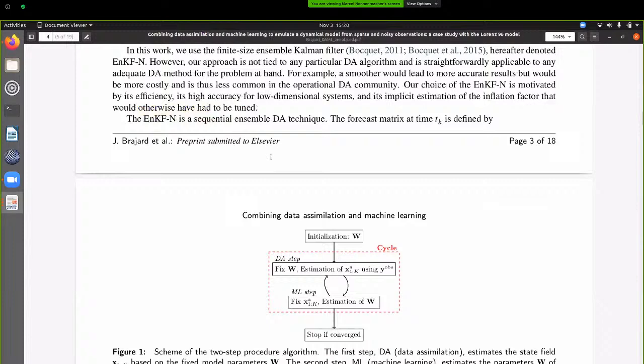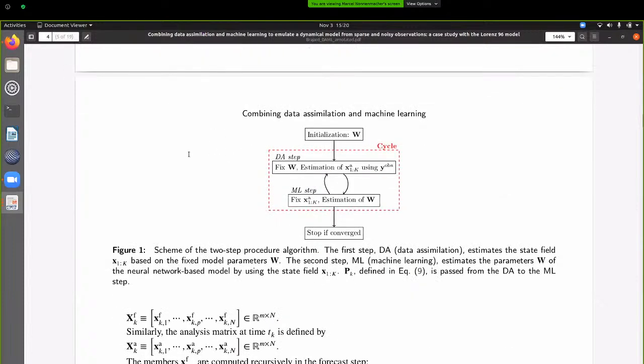So the overall algorithm that they're suggesting is that, given a certain state of the model, you estimate the sequence of actual system states using the observations, and then once you have an estimate of these system states, you fix them and you retrain the model of the dynamics. In this case, you have a neural network for the dynamics. You do stochastic gradient descent or just gradient descent given the above loss.